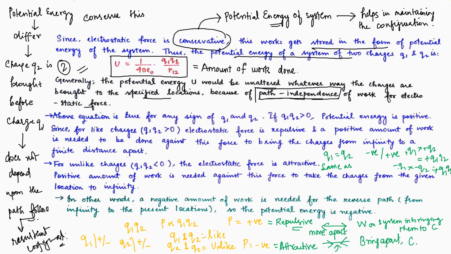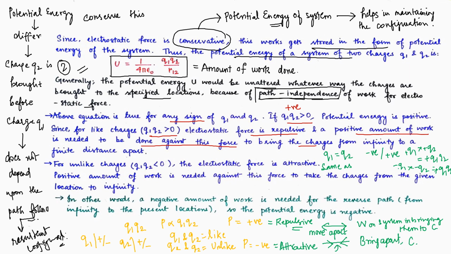We'll go through the points given over here. Above equation is true for any sign of Q1 and Q2. If Q1 and Q2 are greater than 0, that implies positive potential energy. Since for like charges, Q1 into Q2 is greater than 0, electrostatic forces are repulsive, and a positive amount of work is needed against these forces to bring the charges from infinity to a finite distance apart.